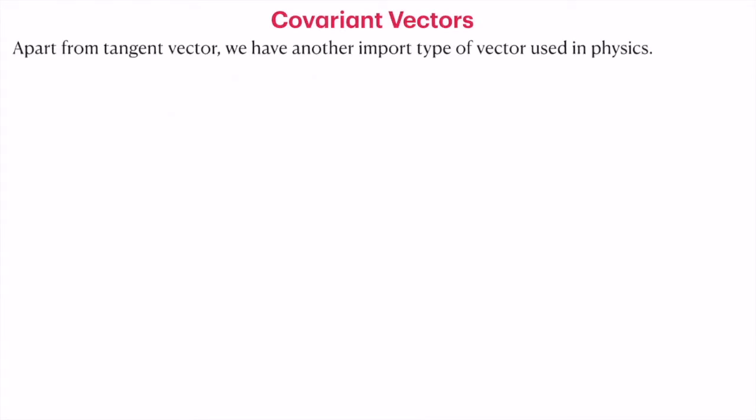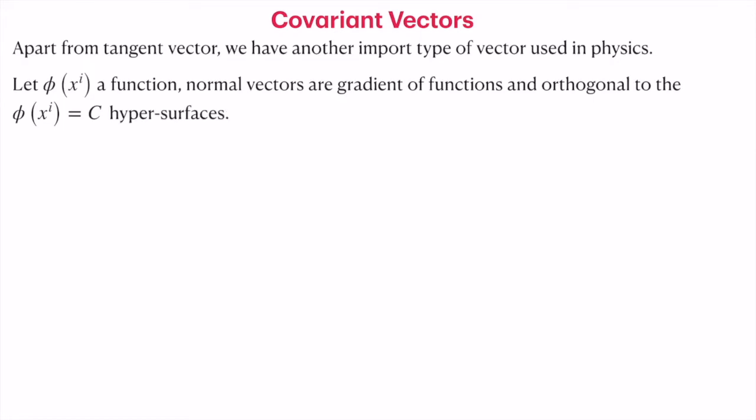In physics, while formulating, in addition to the tangent vector, often we also come up with another type of vector. The tangent vector means a velocity-like vector. Another vector is basically given as the normal to a function, or the gradient of a function, which is orthogonal to the phi of x i equal to constant hypersurface.